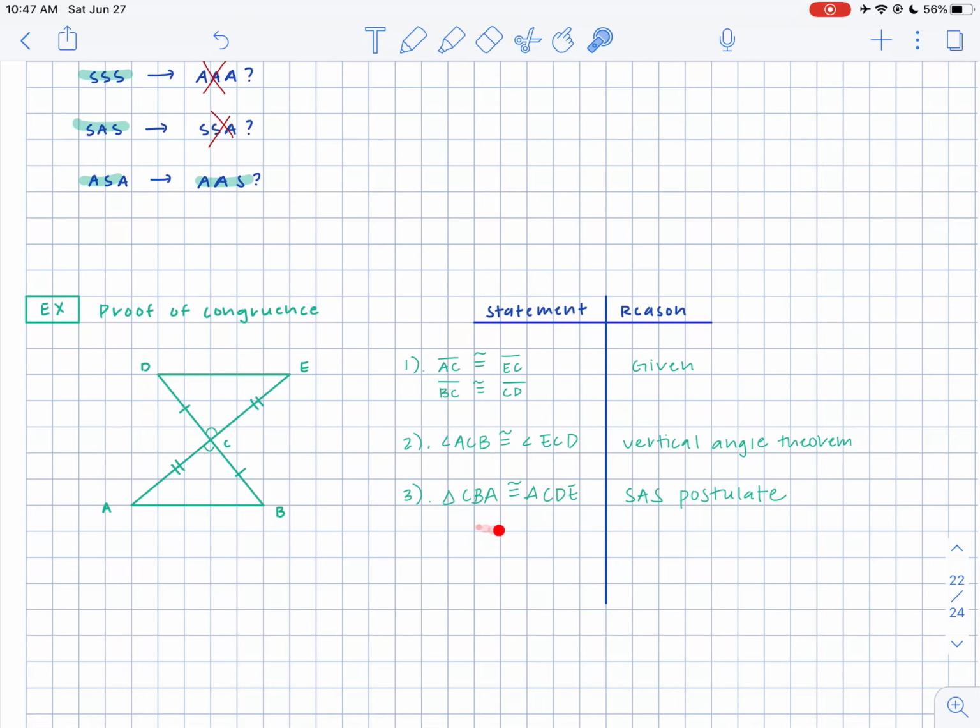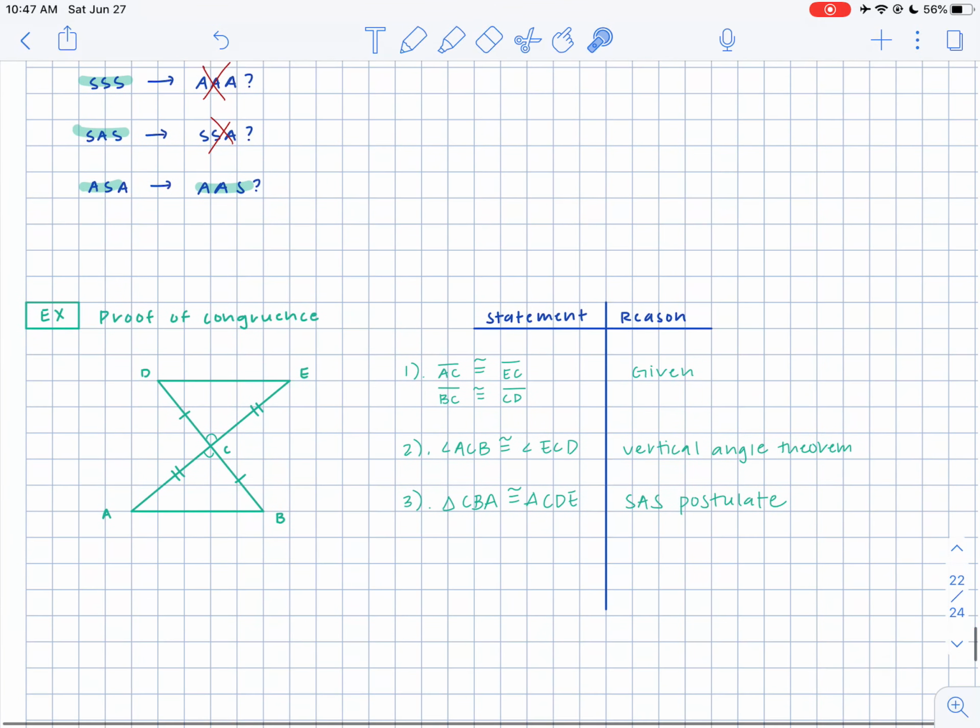And remember, when we write a congruent statement, the vertices have to correspond to each other. So C corresponds to C, B corresponds to D, and A corresponds to E. Okay? So do you see how we started off just knowing 2 pieces of information where we are given 2 sides, right?